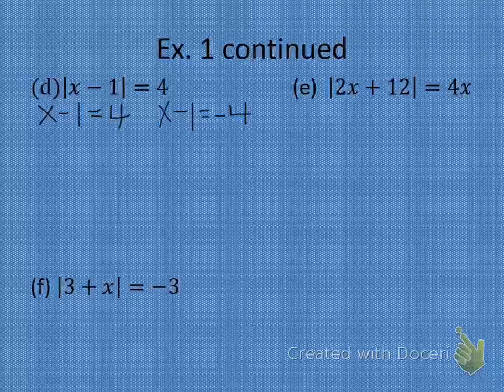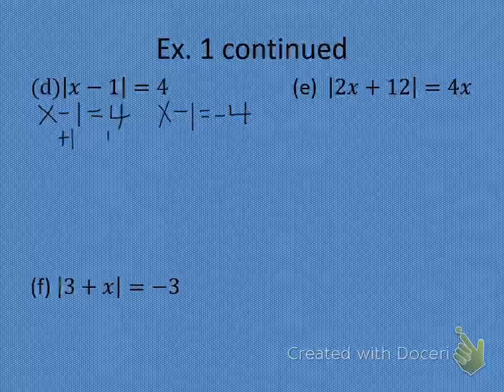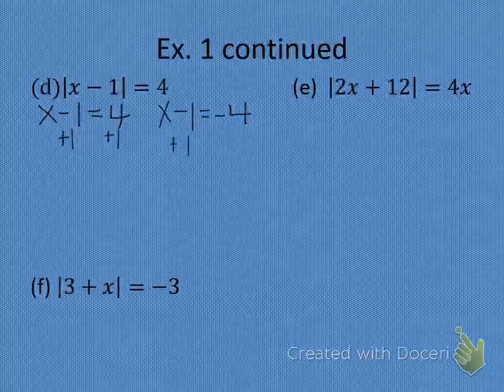Remember, you must write two equations. It's not about getting two answers. Okay? You first have to write two equations and then you solve those two equations. Now, the left side of these are the same. So how are we going to solve for x in both of these problems? We're going to add 1. So you can almost work these at the same time.